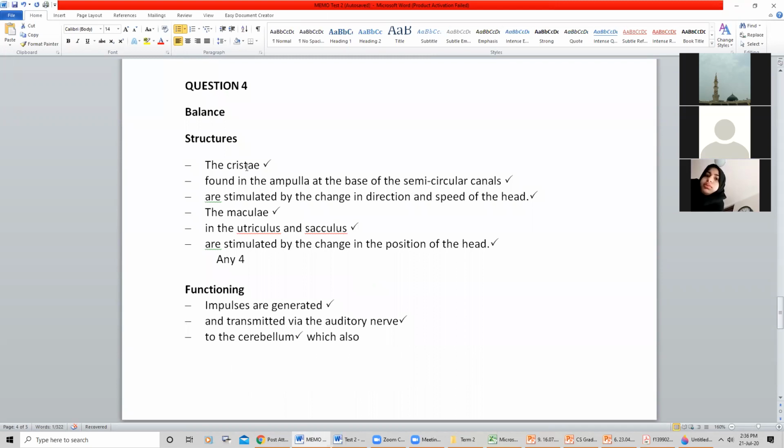Okay, so the cristae, one mark, name of receptor, found in the ampullae, which is the swellings at the base of the semicircular canals. That's the second mark. Are stimulated by a change in the direction and speed of movement. That's the stimulus. And the maculae, name of receptor, in the utriculus and sacculus, which is part of the inner ear, are stimulated by change in the position of the head.